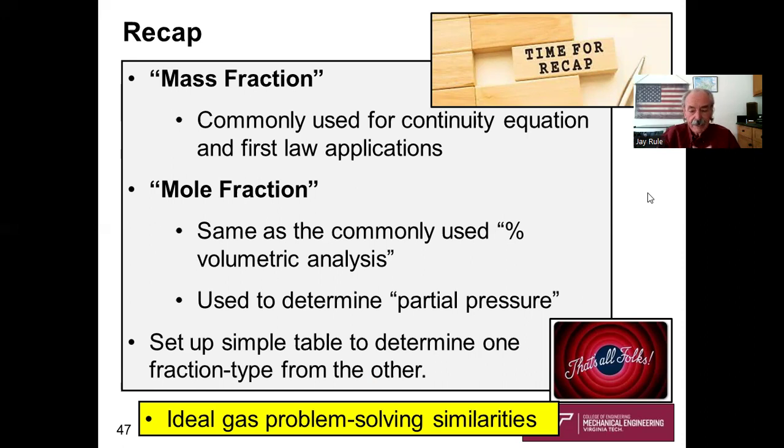And then finally in yellow, a big takeaway I hope from this video is that ideal gas problem solving is similar for just one given ideal gas and very similar for homogeneous mixtures of ideal gases. So I hope that I pointed out those similarities in the example problems I gave.